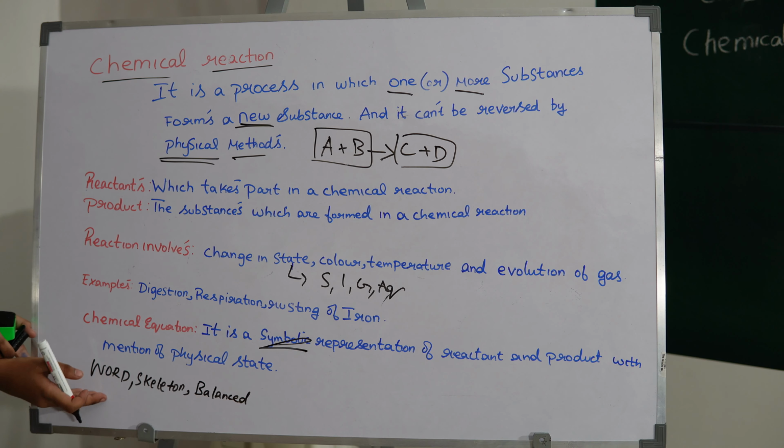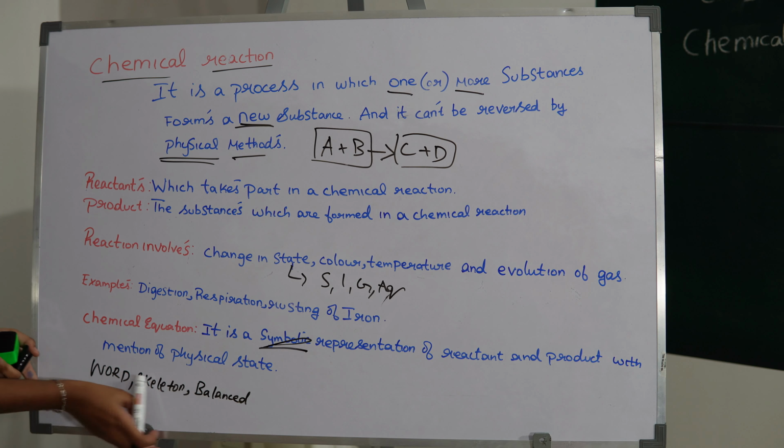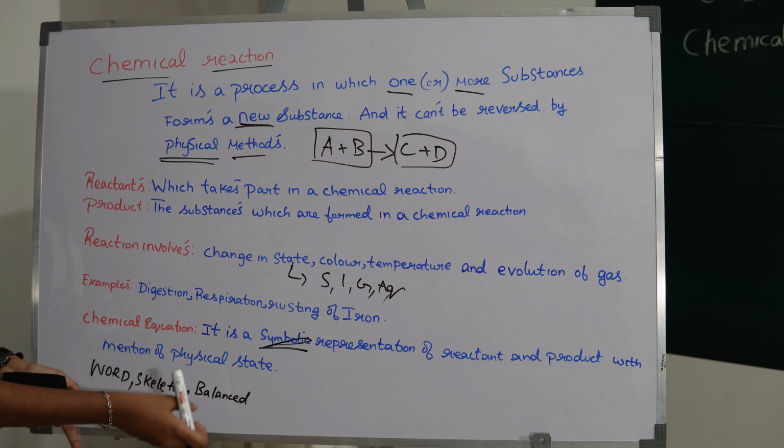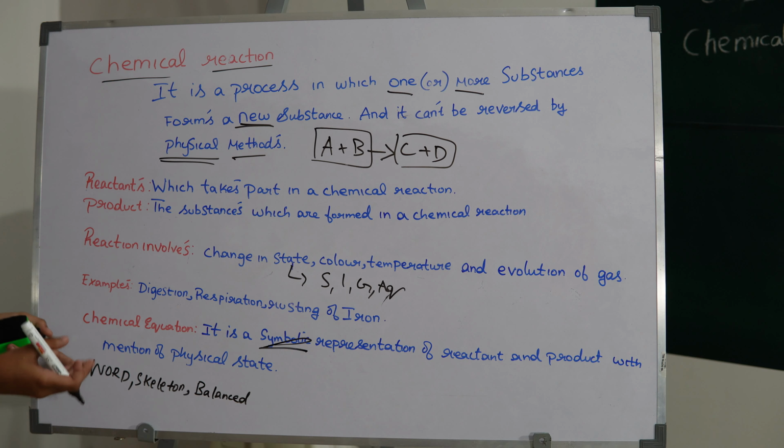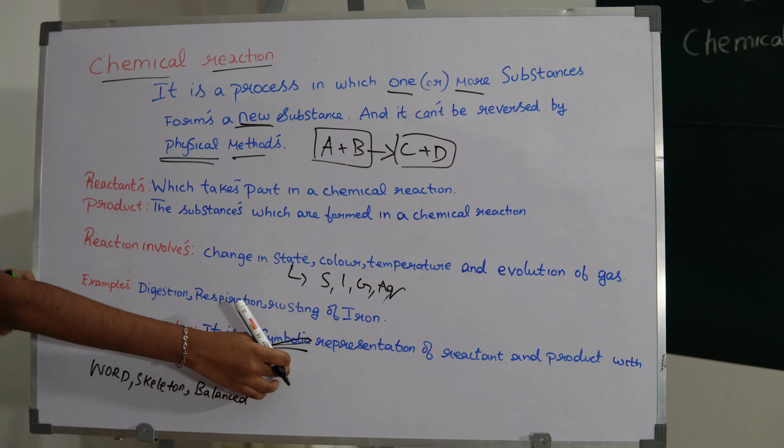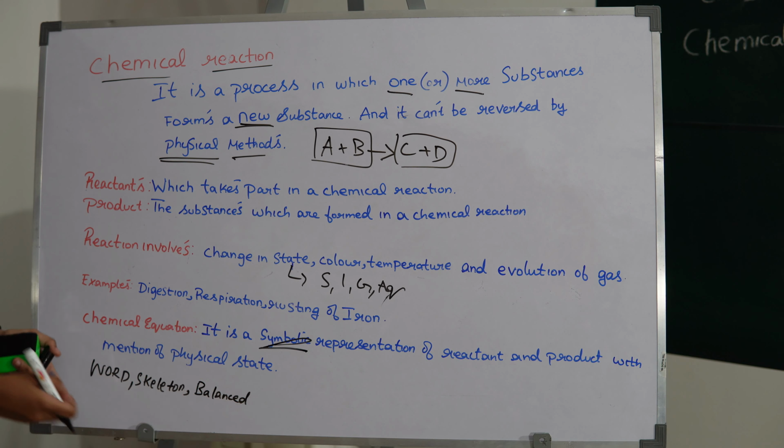So a word equation means, if you write magnesium plus oxygen gives magnesium oxide. That is a word equation which is a full sentence and is not symbolic. Full sentence is given, it is a word equation.